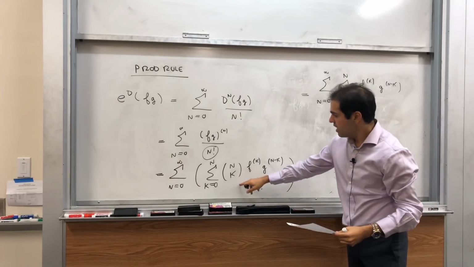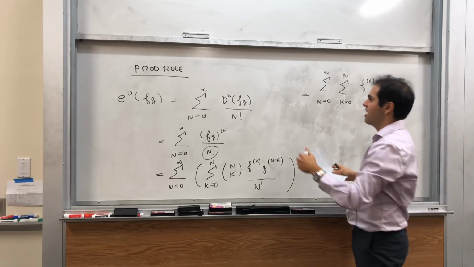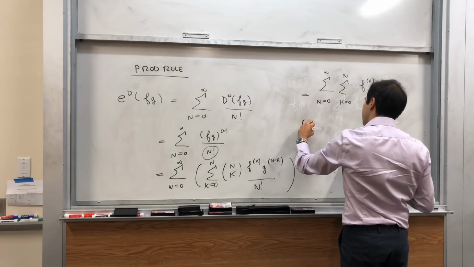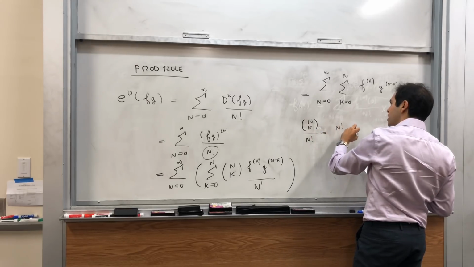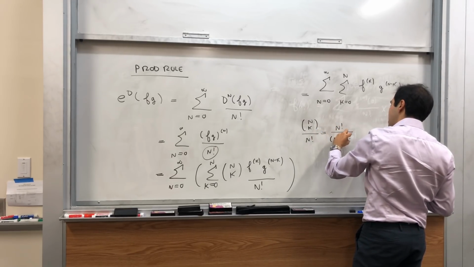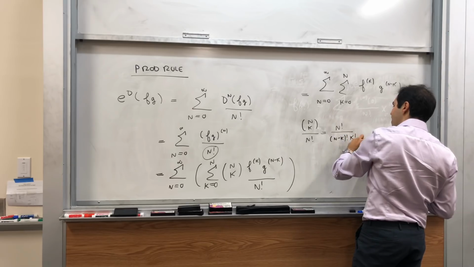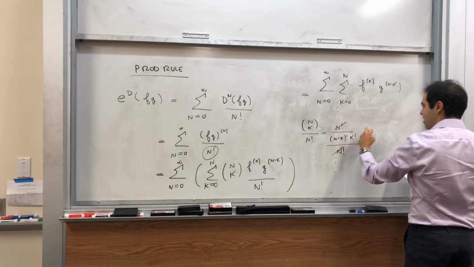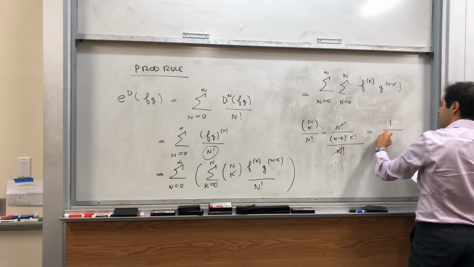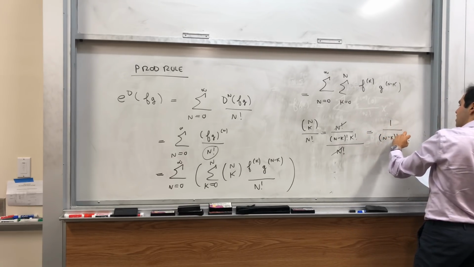And here's the thing, n choose k over n factorial simplifies. N choose k over n factorial is n factorial over k factorial times n minus k factorial, divided by n factorial. This cancels, and you get 1 over k factorial times n minus k factorial.